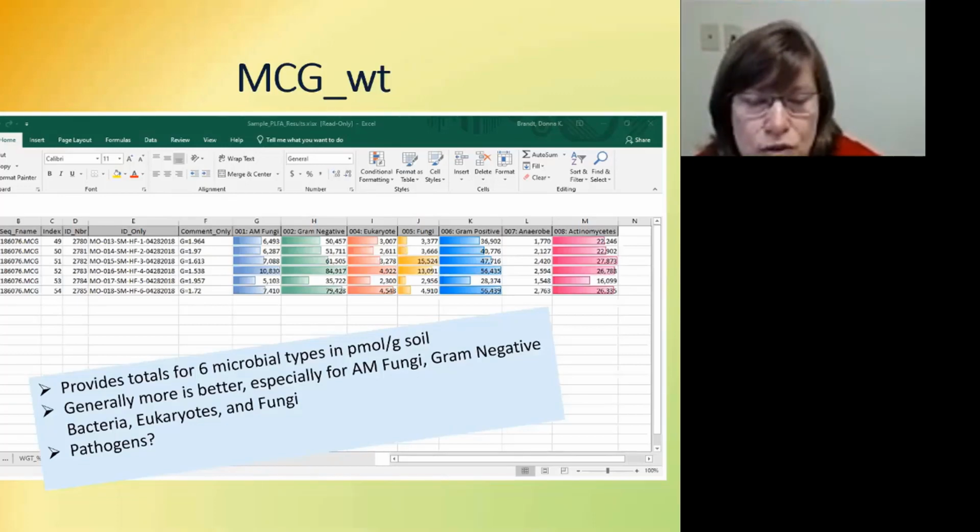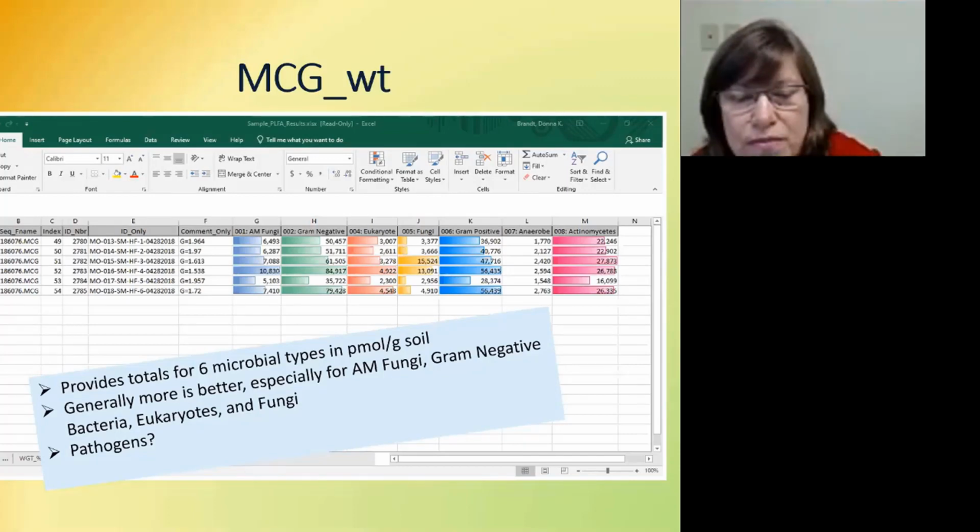Occasionally the good sample will have a lot of fungi, and they've figured out that has been because it has a pathogen. That's not the normal type of samples that we get sent in, but I think you do have to know that there are many roles for these different organisms in the soil.